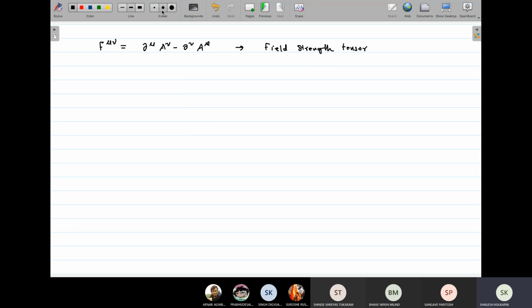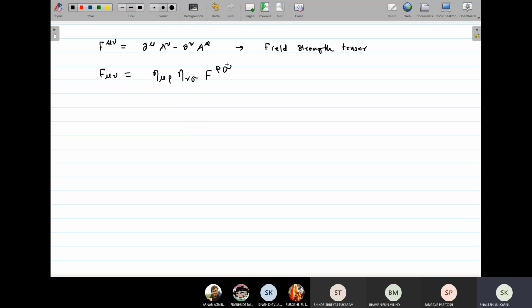Now, by looking at this tensor, we can also write F mu nu as eta mu rho eta nu sigma F rho sigma.